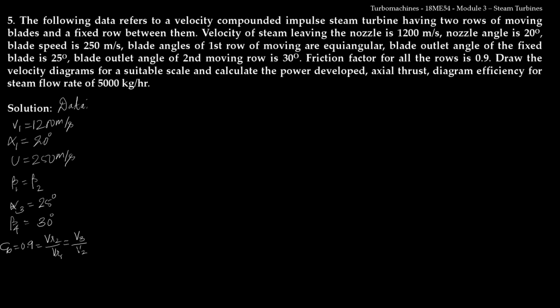For a moving blade it will be relative velocity, and for a fixed blade it will be the absolute velocity. And for the last row of moving blade, the ratio will be Vr4, that is the outlet relative velocity of the stream for the second stage, divided by Vr3, which is the inlet relative velocity for the second stage.